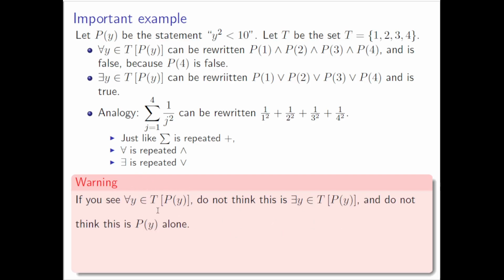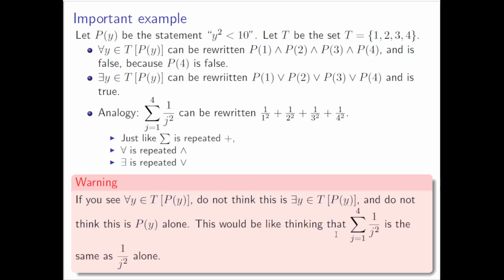What sometimes students do is they'll see for all y in t, p of y and just think that it's p of y alone. They'll conveniently try to ignore this part. You cannot ignore the for all y in t part, because then it's ambiguous whether it's this or that if you just leave it out altogether.